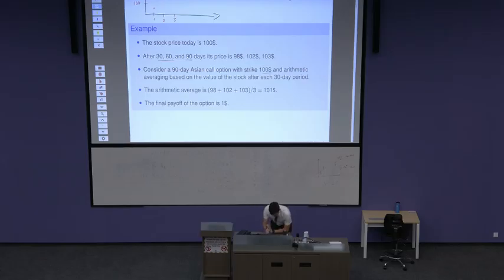Good. So this means we need to compute the average value. After one time step, it's 98. After two time steps, it's 100. After three time steps, it's 101, right? So in the end, we end up slightly above the strike, and the final payoff of the option is 1.